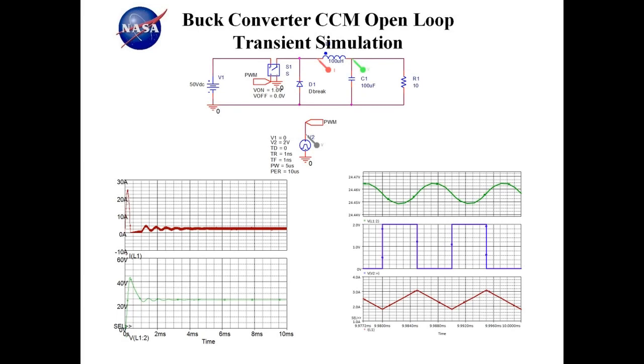We want 100 microhenries, 100 microfarads, and 10 ohms. And you can see that we want a period of 10 microseconds, a pulse width of 5 microseconds, so that's a 50% duty ratio. With a period like that of 10 microseconds, we can invert that for the switching frequency. Since it's a square that we're generating with this pulse, we have to give it the rise time and the fall time. We'll just make those very short at 1 nanosecond. Okay, so we know what we want to do.